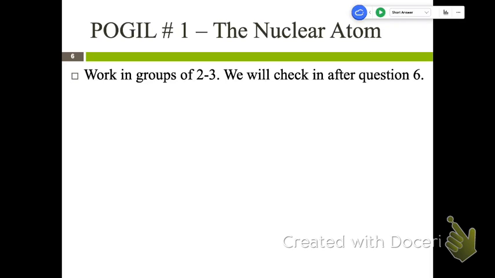It requires that you very carefully look at the front page, and then the questions on the second page ask you to go and interpret what's on that first page. So look at the stuff on the front page for a minute, start answering the questions, and we'll check in after question 6. If you're not sitting next to someone, please move so you can talk to people about your answers and confirm as you go on. And if you're not clear on any of the questions, flag one of us down.